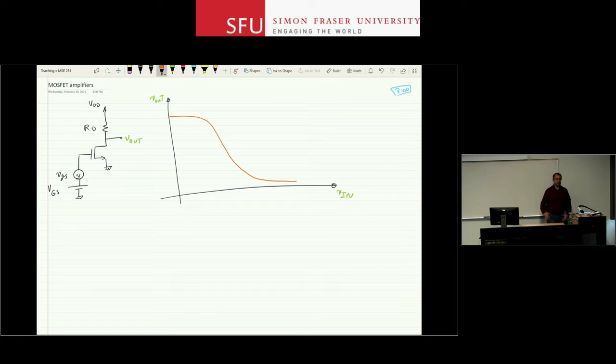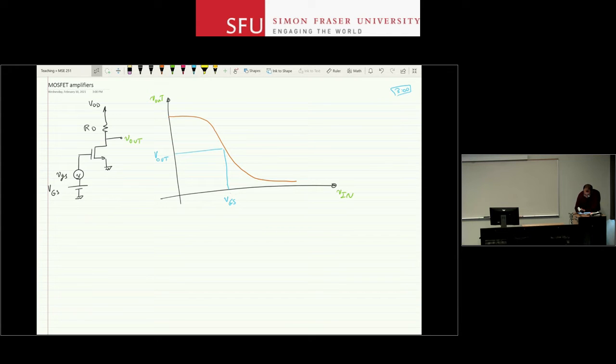It's a softer landing. You go into triode region, you lose the current source that you had, but now you have a nonlinear variable resistor. It's a little bit of a softer curve, but again, like a BJT, we go and bias this device at the desired VGS, let's say, and you get the desired V out at DC here.